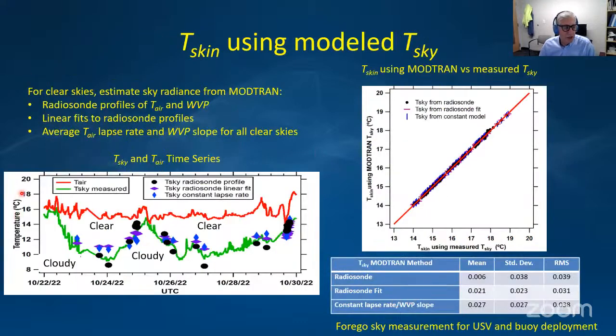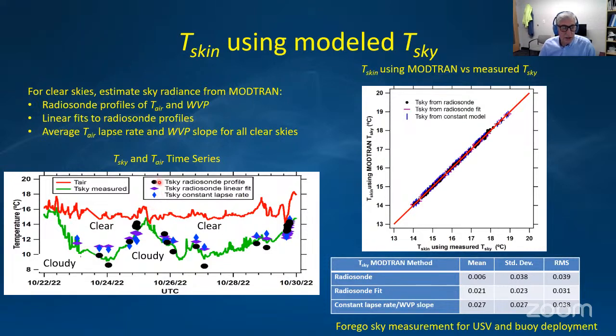And that's shown here. I have a time series of air temperature and the measured sky temperature in green for the entire cruise. And when it's cloudy, they are very close. When it's clear, there's some deviation, although relatively small.